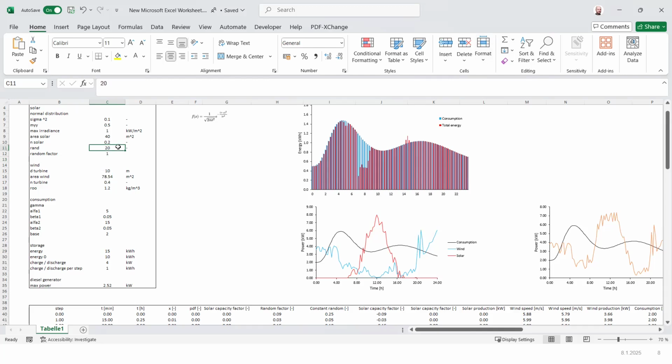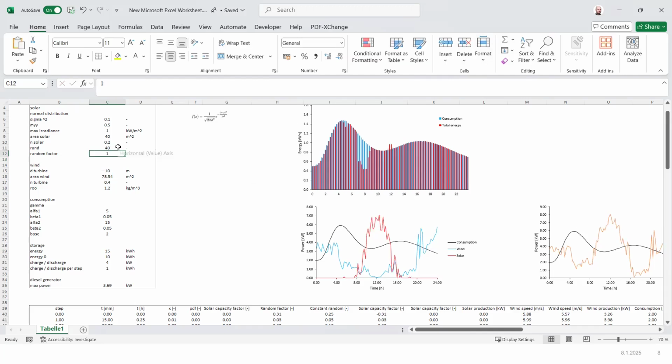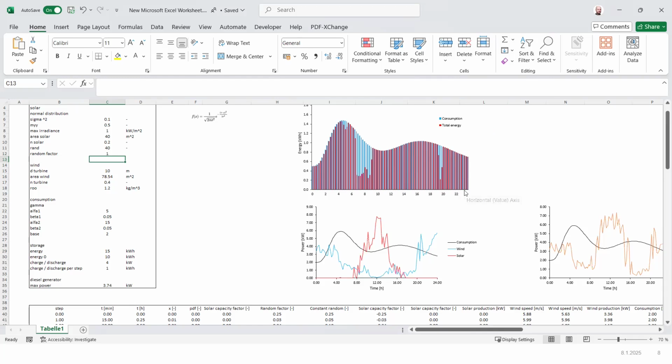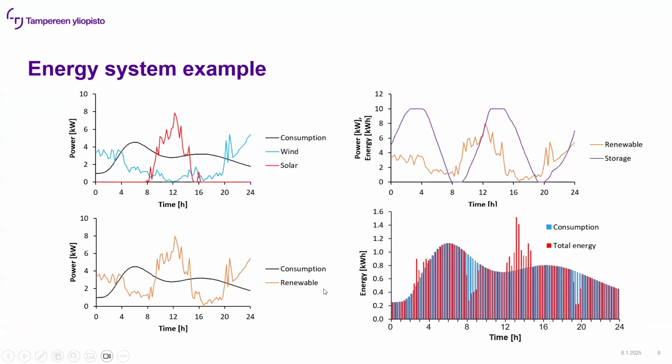So you can see, if I increase the random factor in here, are there days that the solar is not going to be enough, or so forth. So that's kind of making different kinds of scenarios.